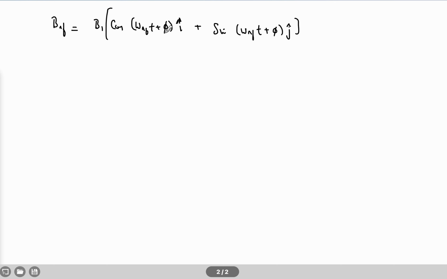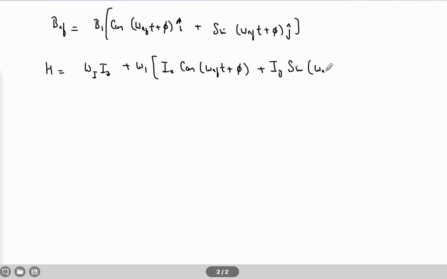This was the B_RF field form. So a very similar form will be written for the Hamiltonian here. So the Hamiltonian will have omega_I Iz, I'll come to why it is omega_I, plus omega_1 times Ix cos(omega_RF t plus phi) plus Iy sine(omega_RF t plus phi).